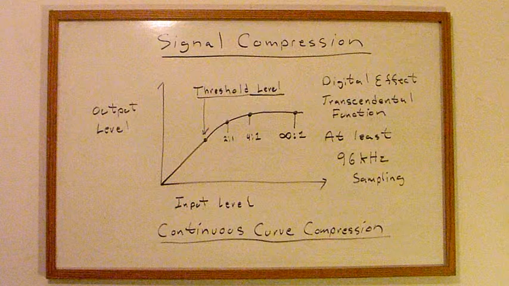I developed a way to do this, but it required a digital effect, digital sampling and a microcontroller, and the microcontroller had to run at least 96 kilohertz for a sampling rate, and then do a bunch of mathematical steps to implement my transcendental function for continuous curve compression.